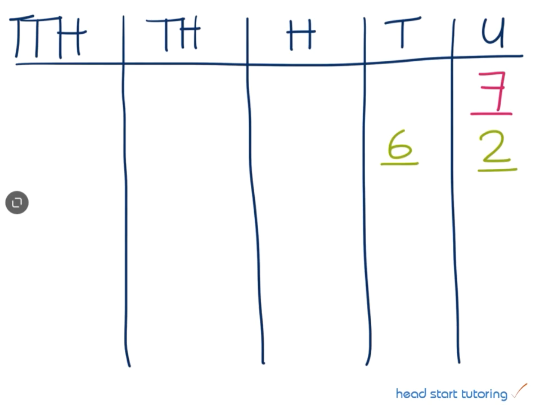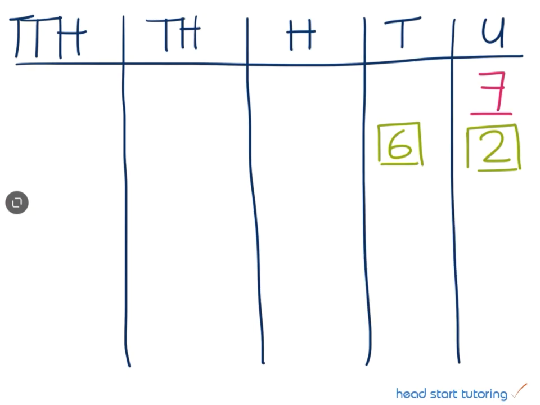So 60 units plus 2 units is 62 units. But if you are asked what is the place value of the 2 in the number 62, your answer will be 2 units. If you are asked what is the place value of the 6 in 62, your answer will be 6 tens.